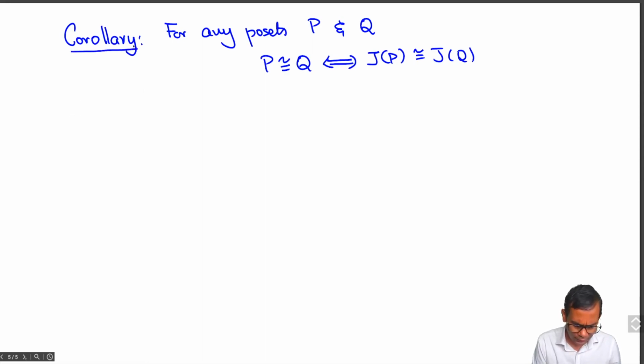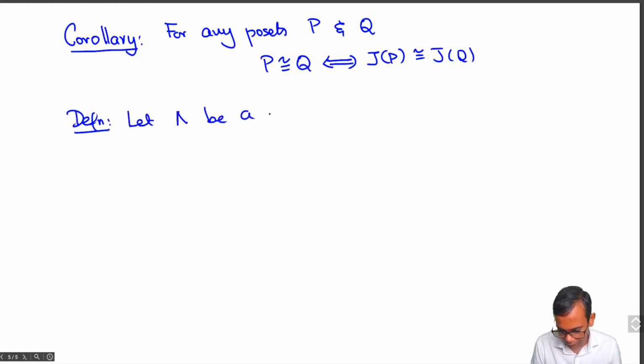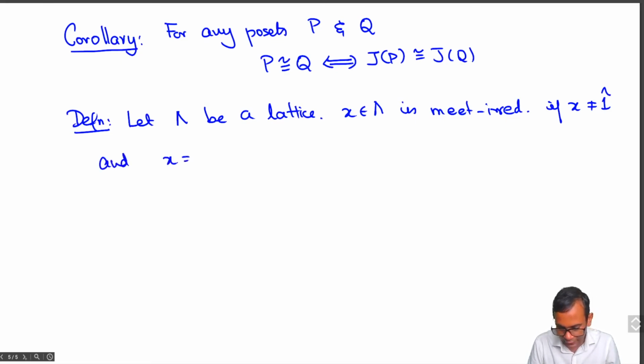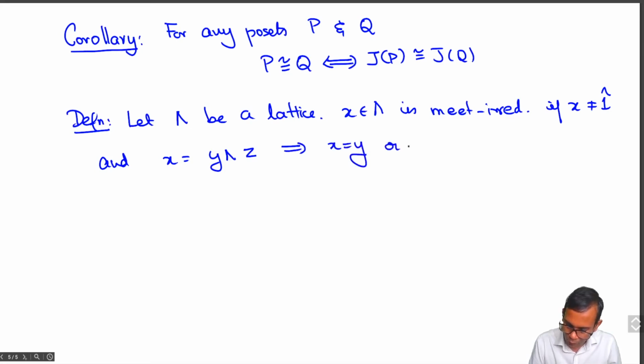So before I get to that, let me just define the dual notion of join irreducible. Let lambda be a lattice. An element x belonging to lambda is said to be meet irreducible, and you can very well guess, if x is not equal to the largest element of the lattice, and if I write x as y meet z, then x is equal to y or x is equal to z.